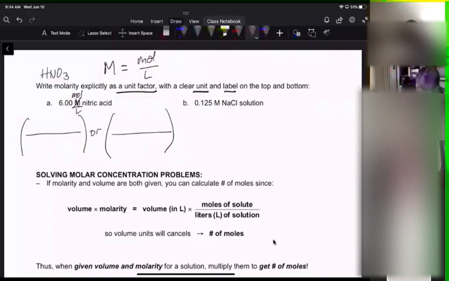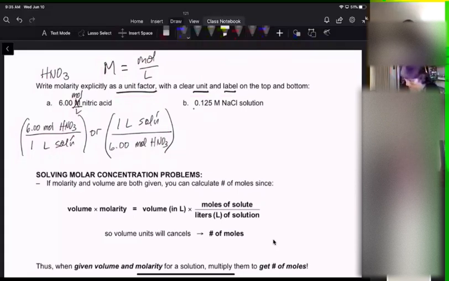So 6.00 moles of HNO3, that's our solute. In means in the bottom, 1 liter of solution, and that's the total solution. So another way to say that, I could say 1 liter of this nitric acid solution must contain 6.00 moles of HNO3.